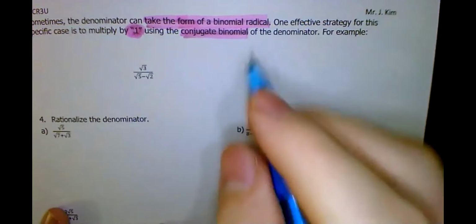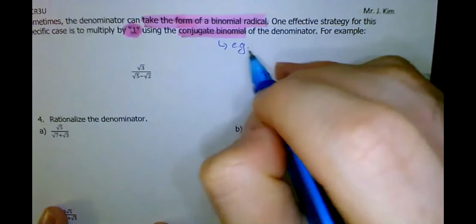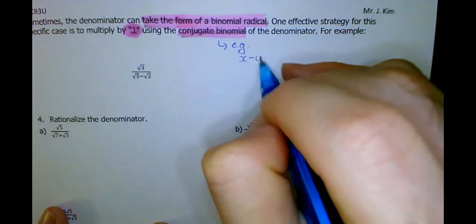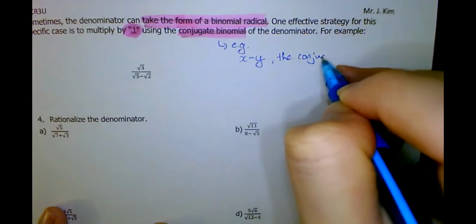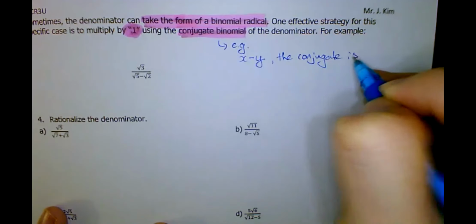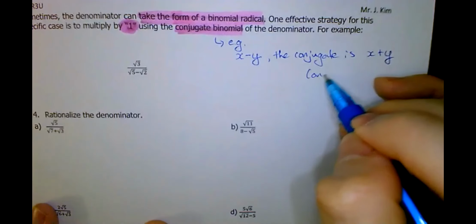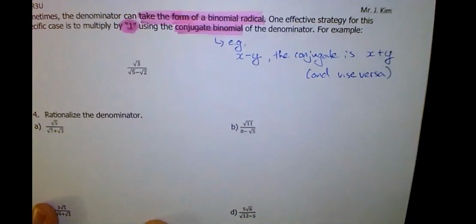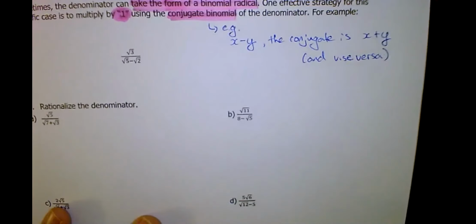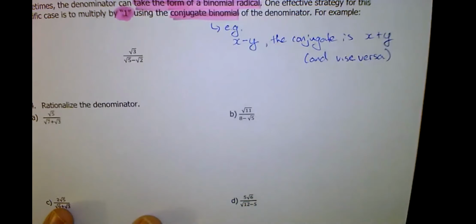That's the trick. What do I mean by that? If I'm dealing with x minus y, the conjugate is x plus y, and vice versa. You're going to multiply with the conjugate.